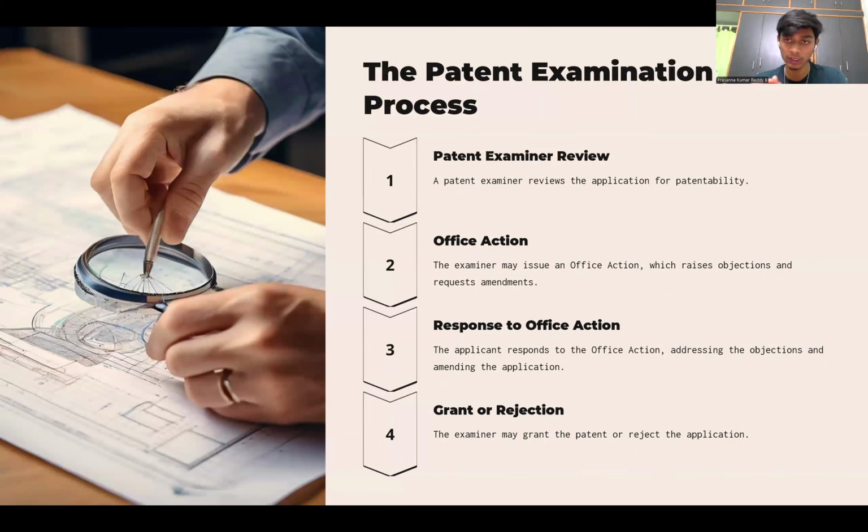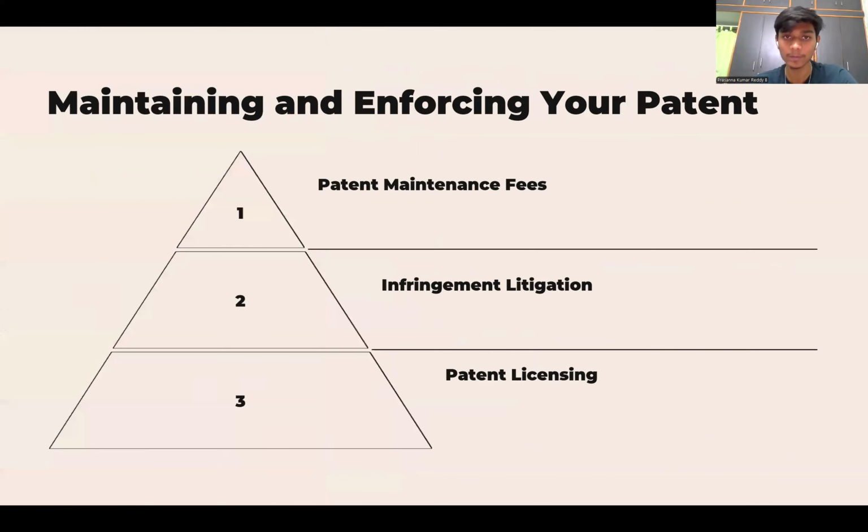If there are any objections, the message is sent to the applicant, and the applicant sends the reply to the office, and depending upon the reply, the office gives the response, that is the response to the office action. And depending on the reply the applicant has given, the office takes a decision whether to grant the patent or to reject the application.